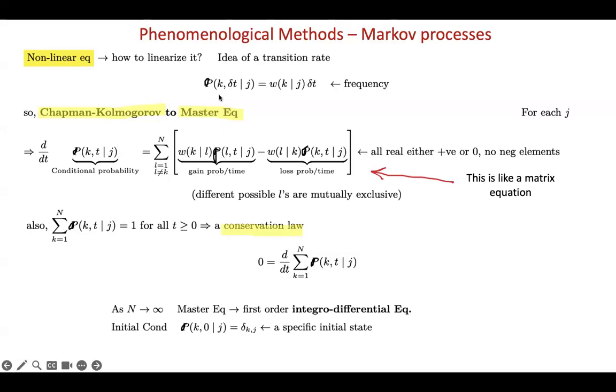And so the master equation is essentially how the probability is changing as a function of time, depending on the gain probability and the loss probability. And if the system is in equilibrium, you can imagine that the gain and the loss probabilities are the same. And that leads to the beautiful concept of detailed balance, which is another way of saying that the system is in equilibrium and gives you some beautiful properties and calculable things.